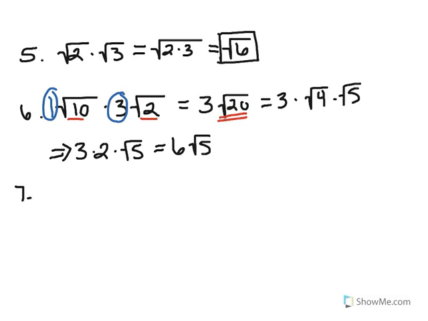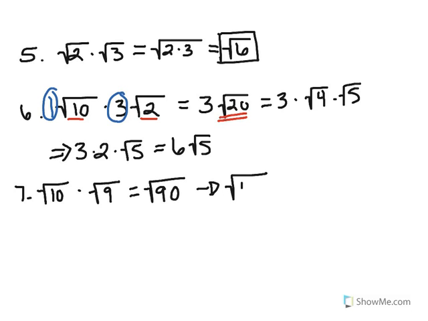So let's do another one. How about the square root of 10 times the square root of 9? That would give me the square root of 90, which then breaks down into the square root of, and I'm trying to think of perfect squares here, and I'm thinking 45 is pretty close.